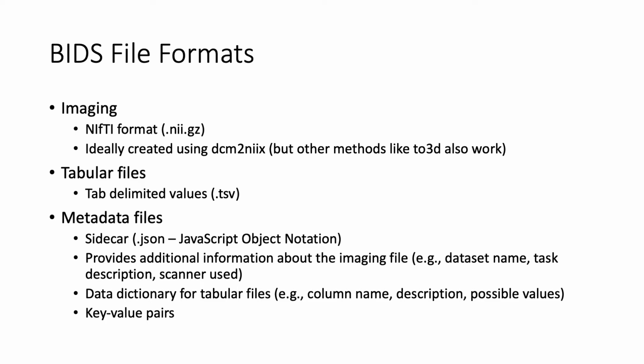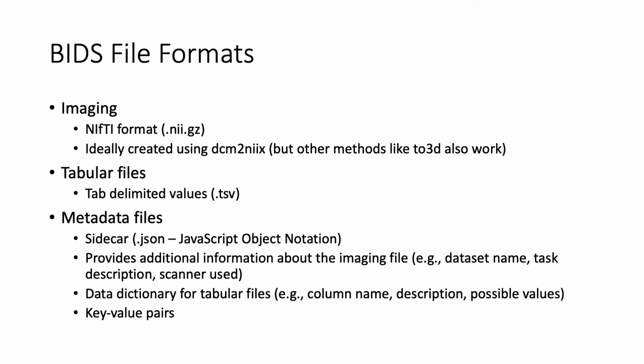These tab delimited files are typically used for things like describing your data. So if you have a behavioral task, you would have within your functional directory a tab delimited file that explains all of the events that happened over the time course of that task.